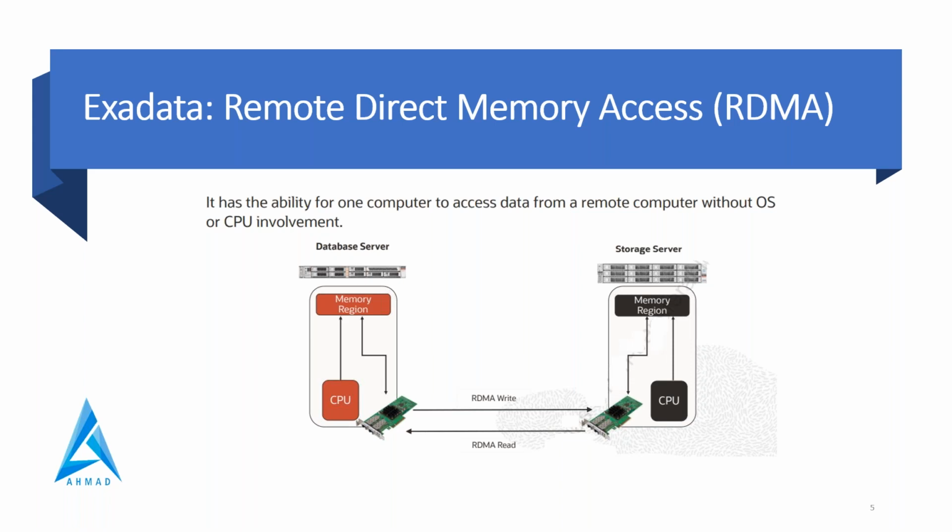The network card directly reads or writes memory with no extra copying or buffering, resulting in very low latency. RDMA was introduced to Exadata with InfiniBand, and it is a foundational part of Exadata's high performance architecture. And RDMA enables several unique Exadata features such as a direct-to-wire protocol and smart fusion block transfer.